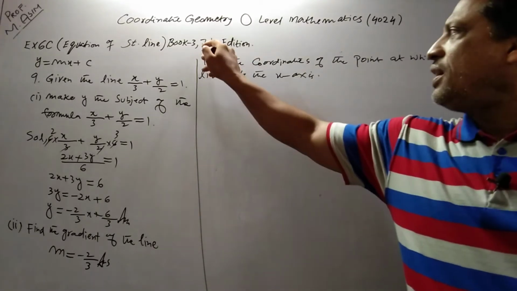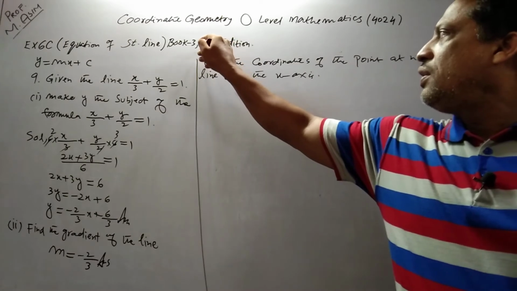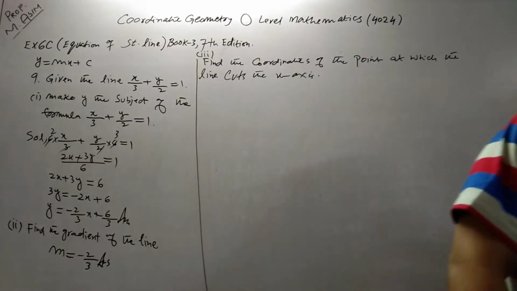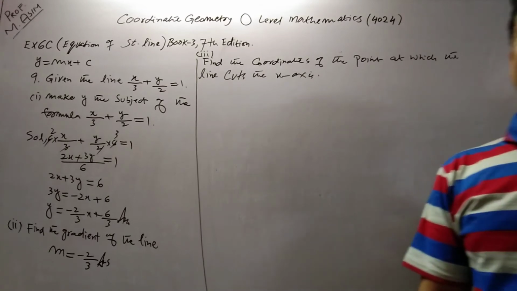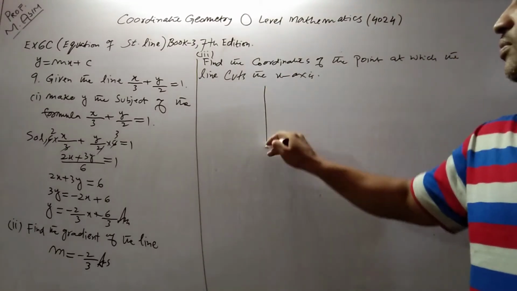This is part number 3. We have to find the coordinates of the point at which the line cuts the x-axis.